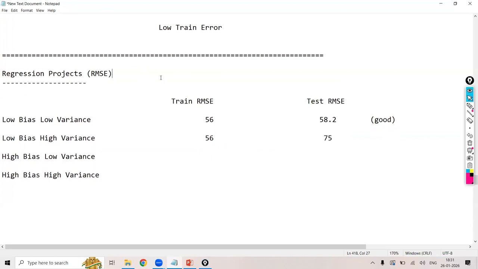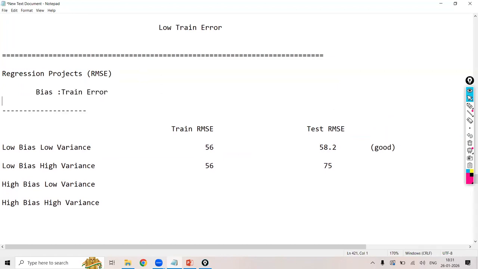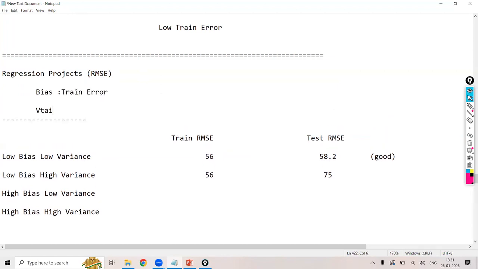For regression projects, bias means train error, and variance means test error. Error means RMSE. Wherever the word bias is there, replace it with error. Train RMSE, for regression projects, it is RMSE.